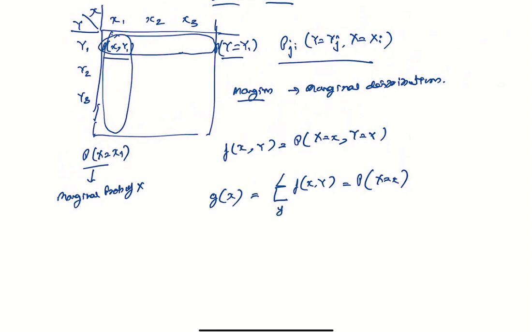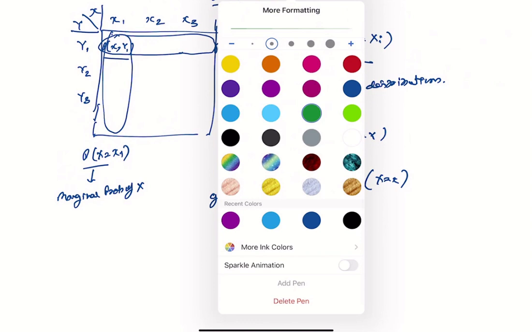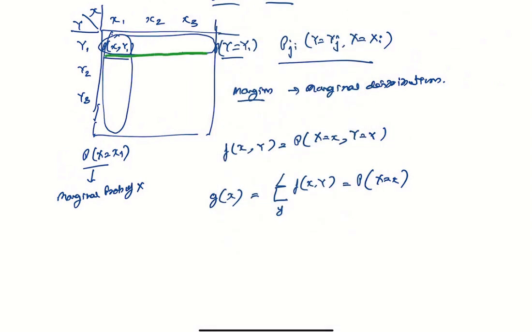All it's saying is that the PMF f(x, y), which is this here, for all the values of x, this one, this one, this one, or for g, it's actually not this one, it's this one.